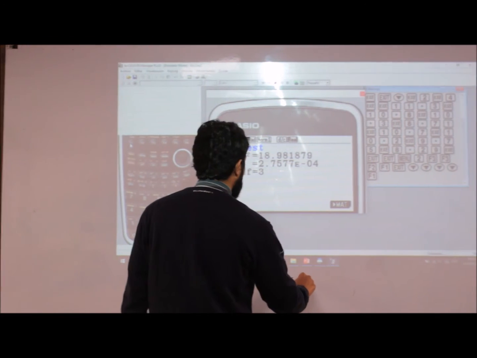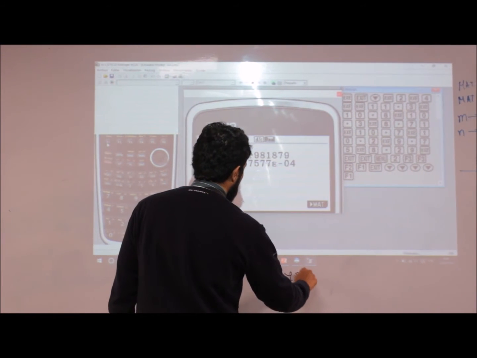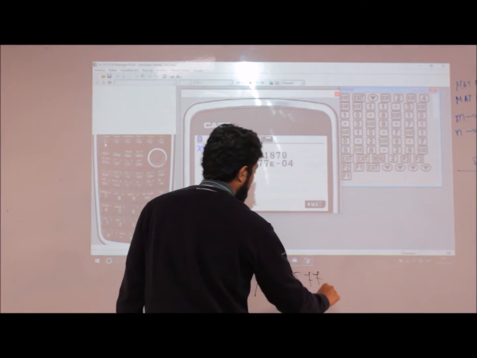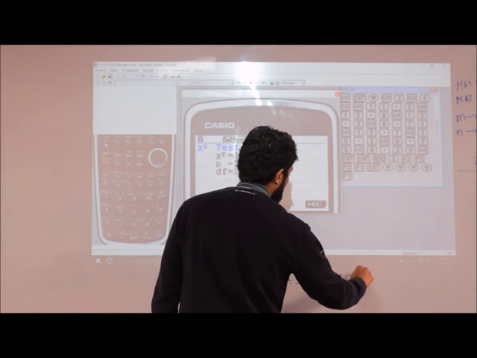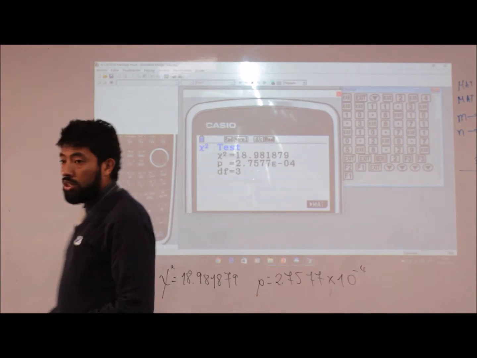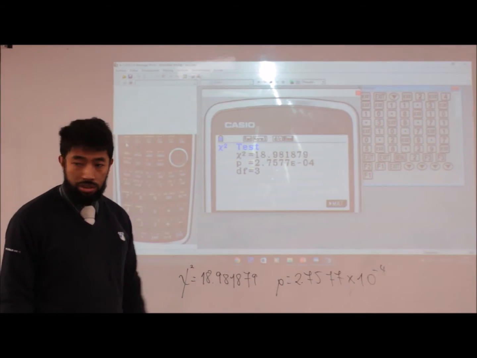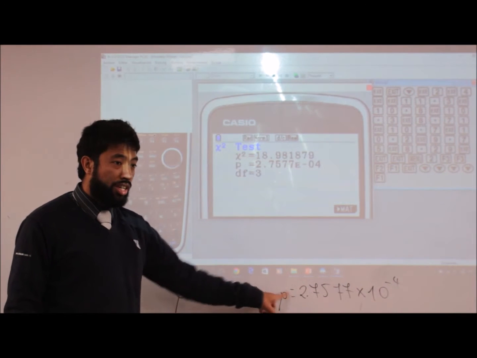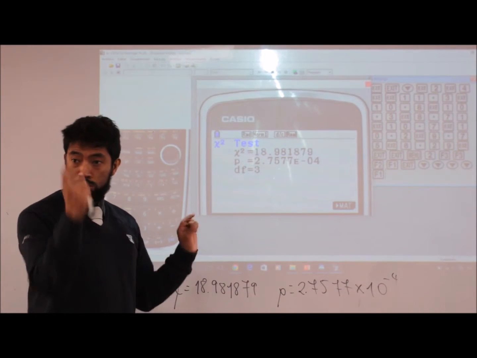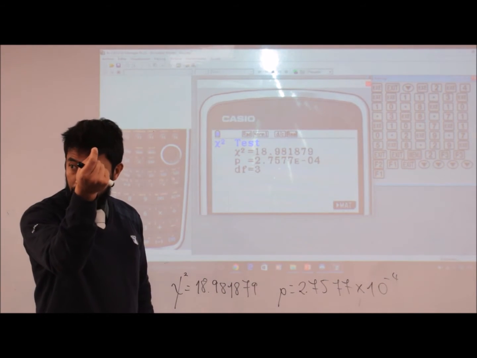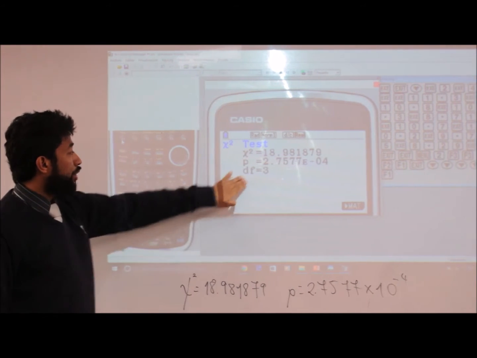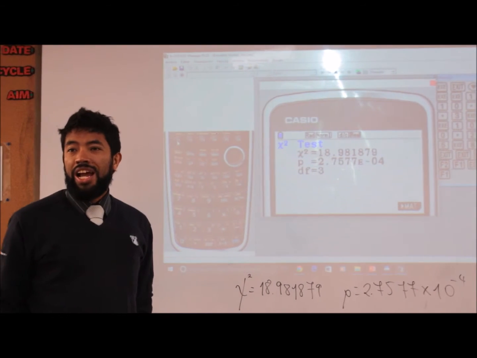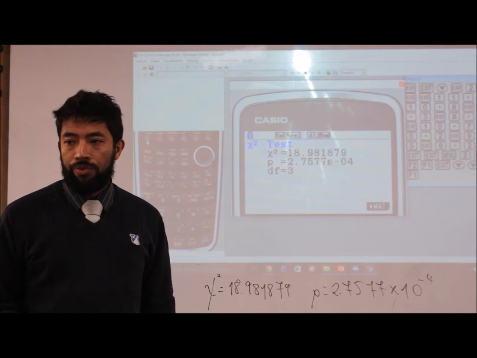What I have there is 275, 77 times 10 to the negative 4th power. What that means? There are 4 zeros in here at left. So it's a very, very small number. And degrees of freedom? 3. Up to this point, clear?